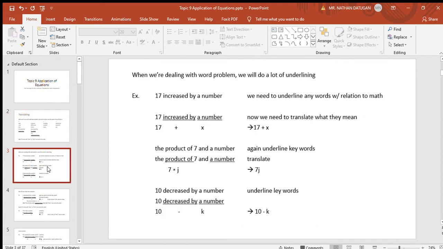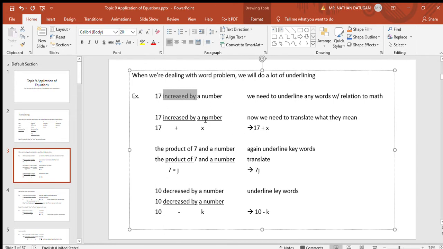So let's have our first example. We have 17 increased by a number. So when we're dealing with word problems and we want to translate it into numbers, what we're going to do is underline keywords that relate to math. So 17 is already 17, so we don't need to translate that. But other words that relate to math that we can translate, well, we have increased by, and a number. A number is something relating to math, right? So we underline that.